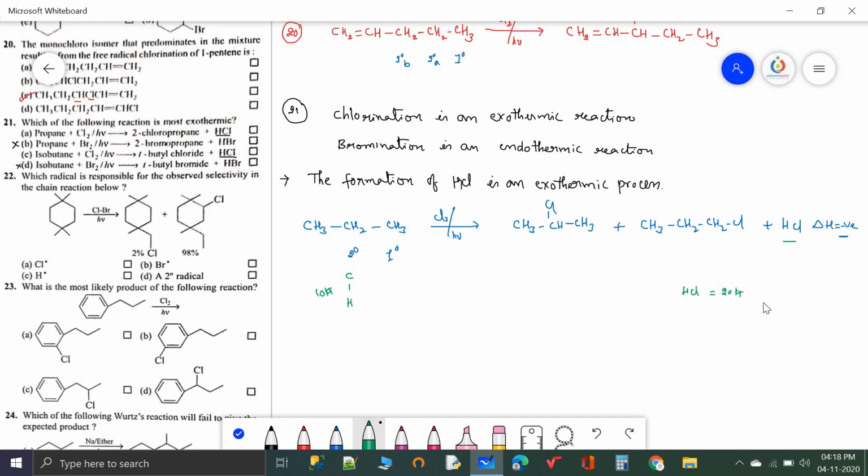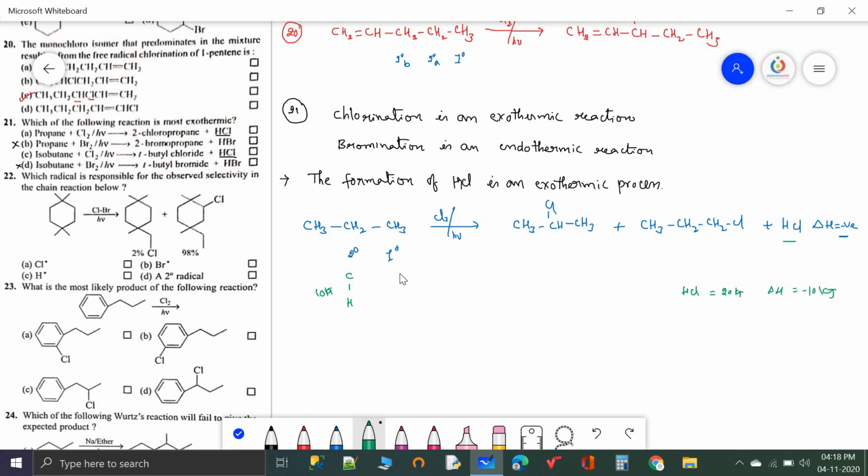Here energy is absorbed, and here this much energy HCl releases. Out of 20 kilojoules, 10 kilojoules has been absorbed, utilized. The rest of the energy will be released, that is minus 10 kilojoules.